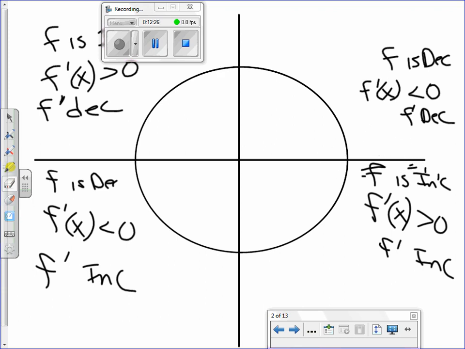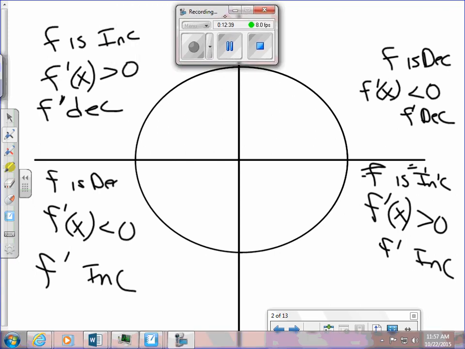Now, we said that wherever a function is increasing, its derivative was positive. And whenever a function was decreasing, its derivative was negative. Now, I want to see if we could figure out the sign of the second derivative from what we've got here in each of the quadrants. Let's look at the first quadrant.